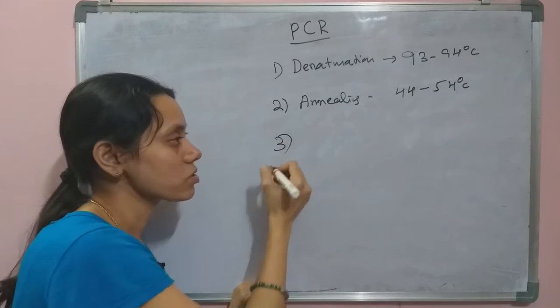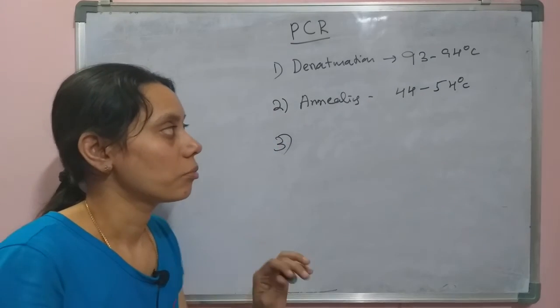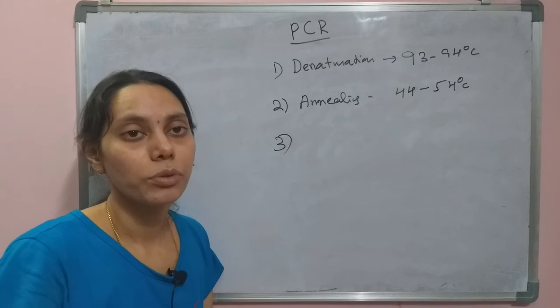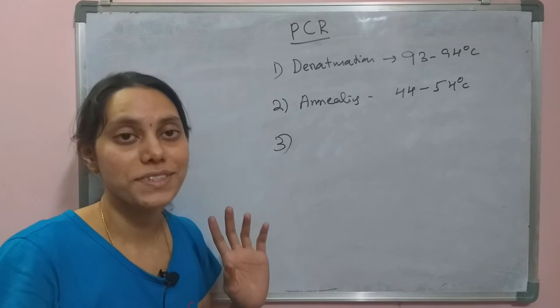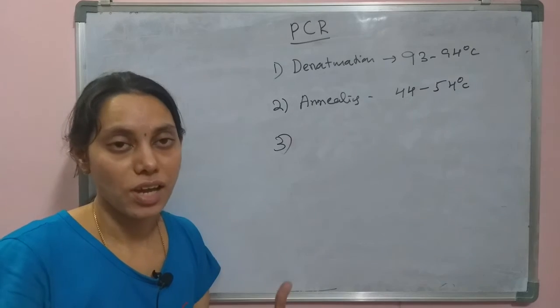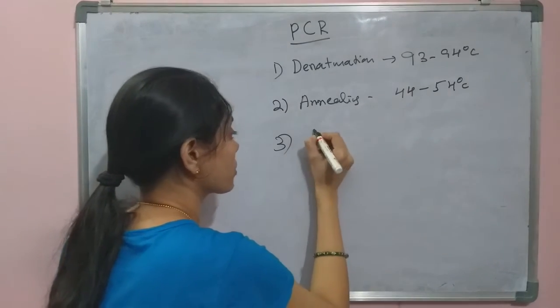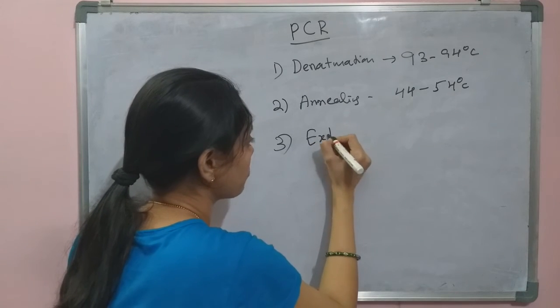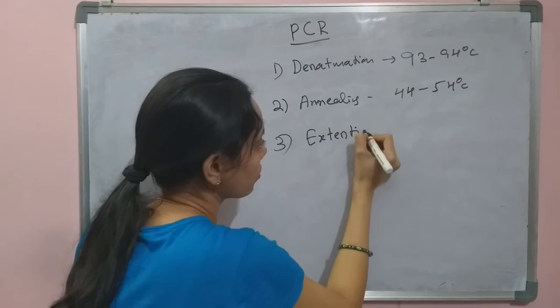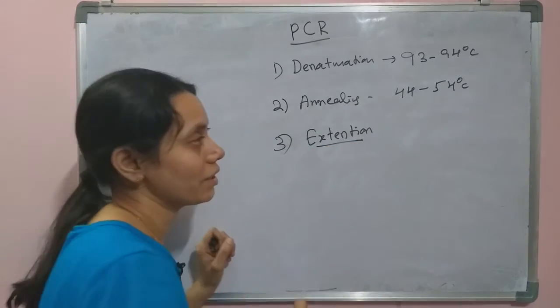And later, once the primers are bound, the DNA needs to go for synthesis. The complementary strands need to be synthesized. So for that, we call the step extension, DNA extension.